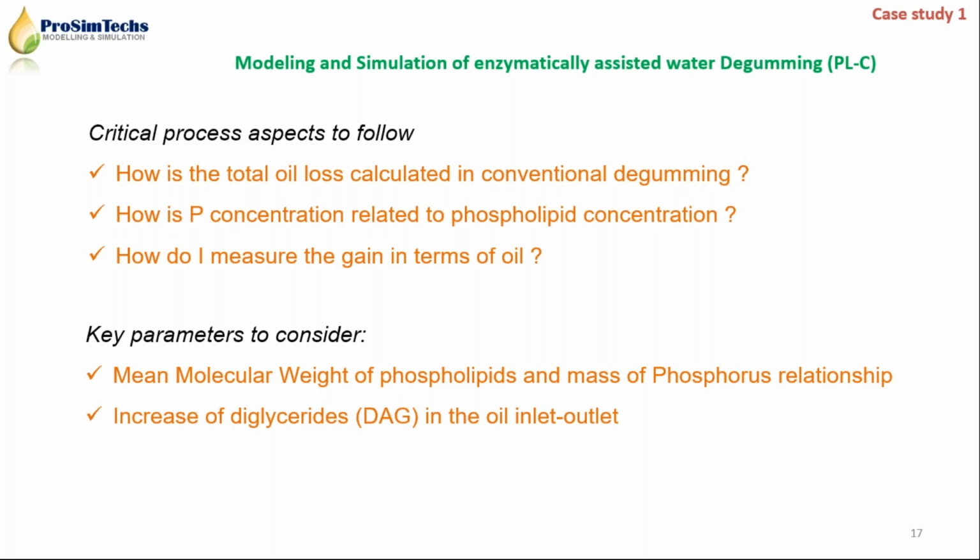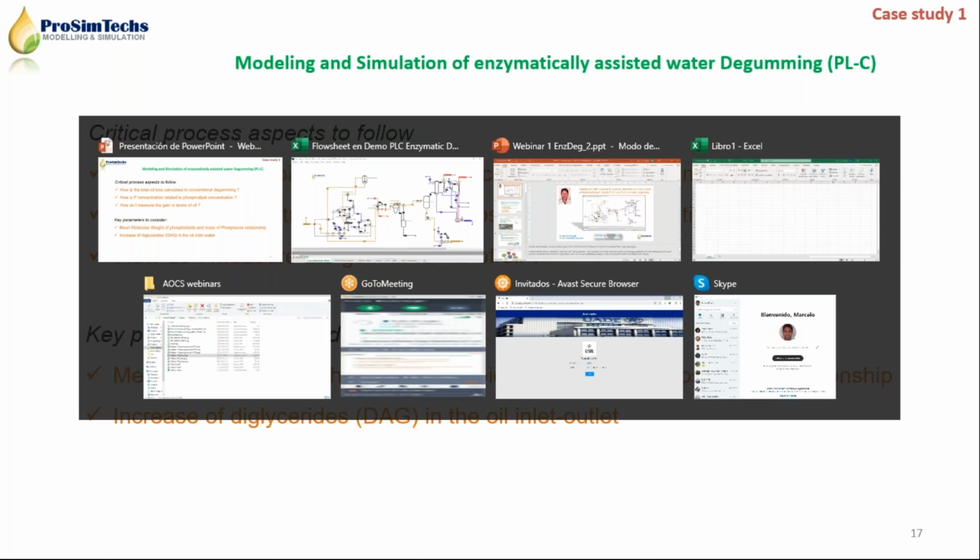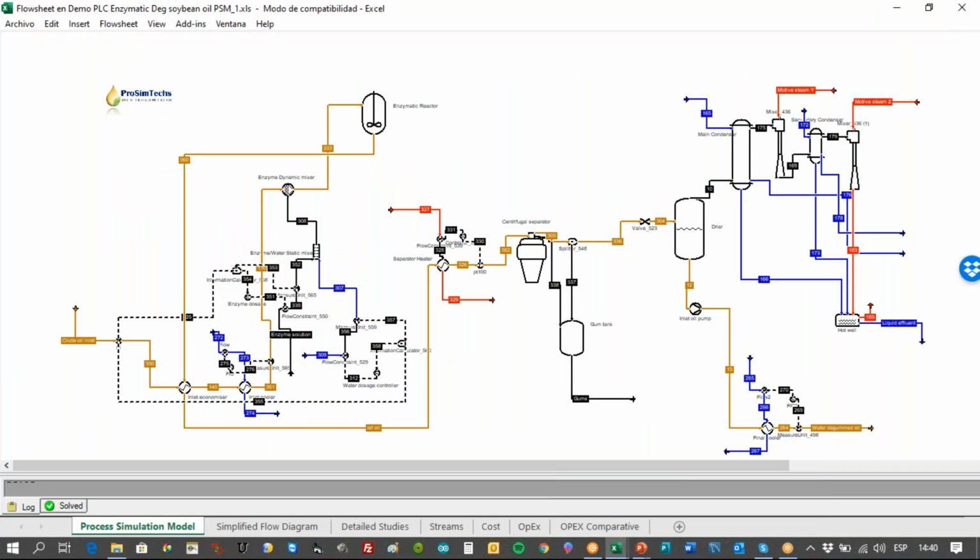Okay, so I'm going to switch to the simulation model. This is a simulation model, and in this first sheet we have the simulation model itself, which is based on the PLC enzymatic degumming flow diagram that I have shown in the other slides.